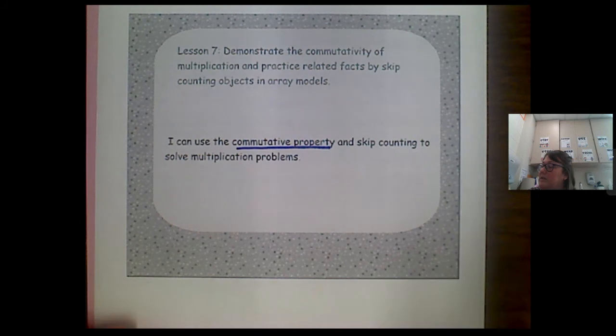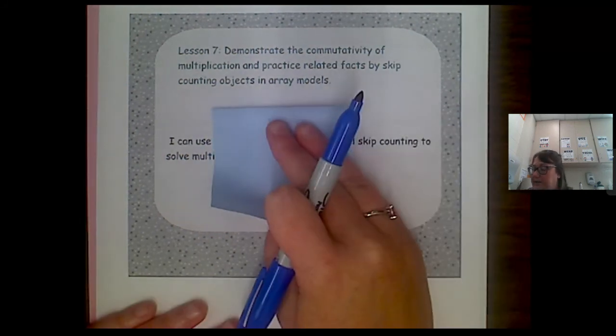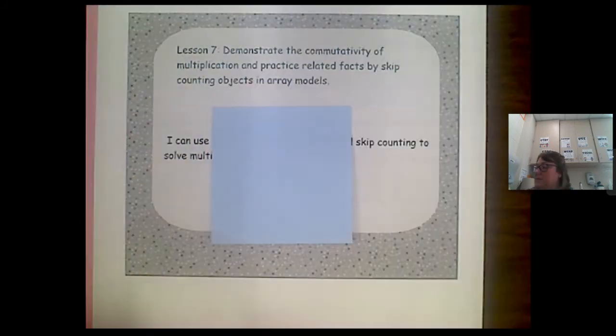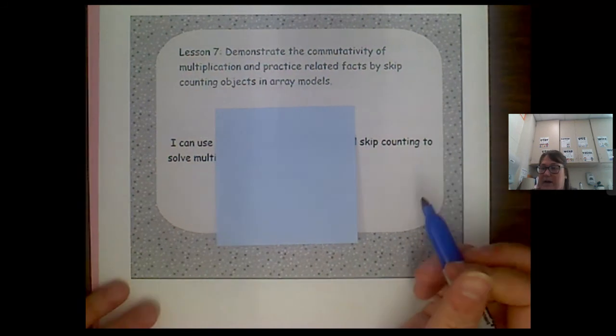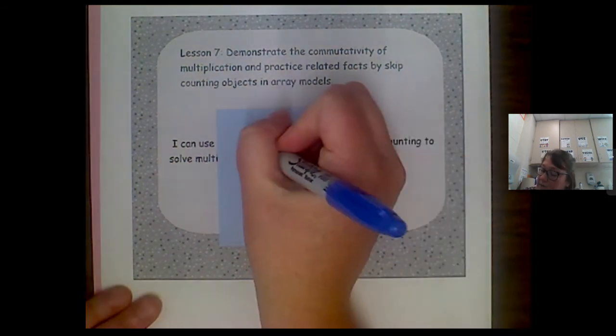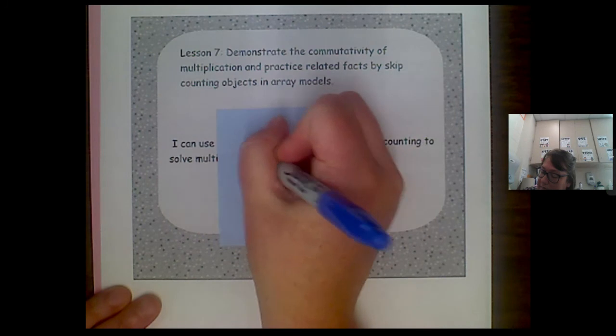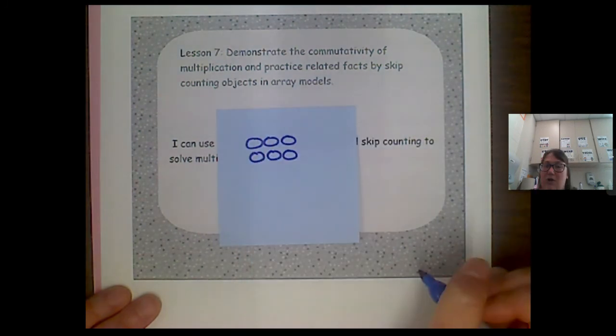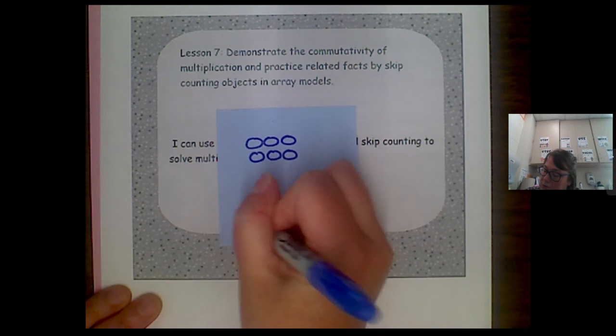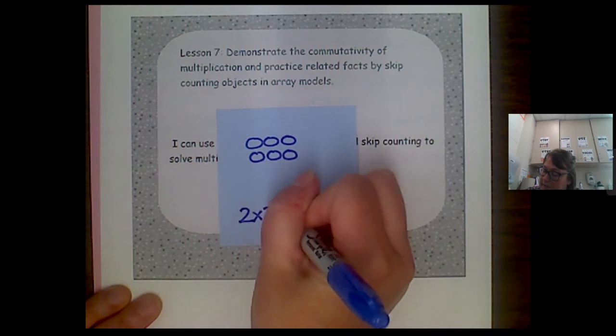So basically, let me just show you a quick little trick to show you how easy the commutative property is. I'm going to use a little sticky note so we can see how easy it works, okay? So if I have an array of 1, 2, 3, 4, 5, 6. So let's say I have 2 rows of 3, okay? And that would be 2 times 3 equals 6.